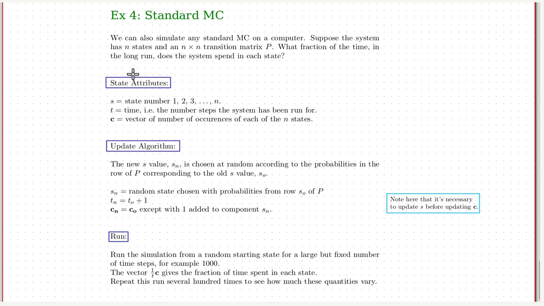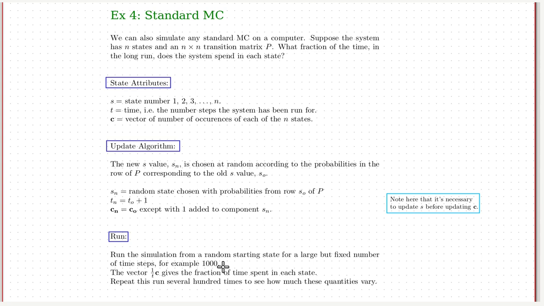Now, once we get the state set up and the update algorithm set up, then the idea would be to run the simulation for a large number of times. Let me be careful. We'll run a single simulation for a large number of time steps, right? For example, we'll run it for like 1,000 time steps, 1,000 transitions of the Markov chain.